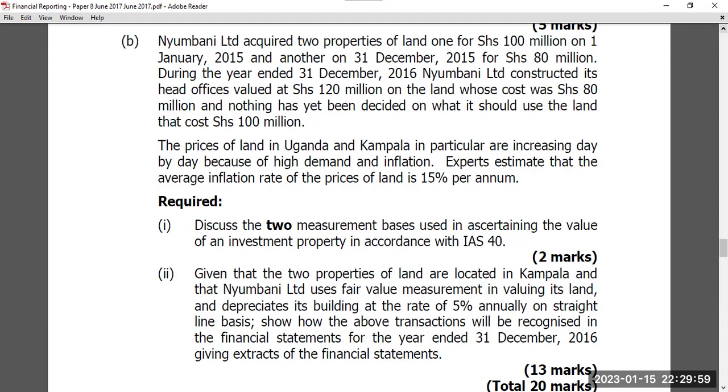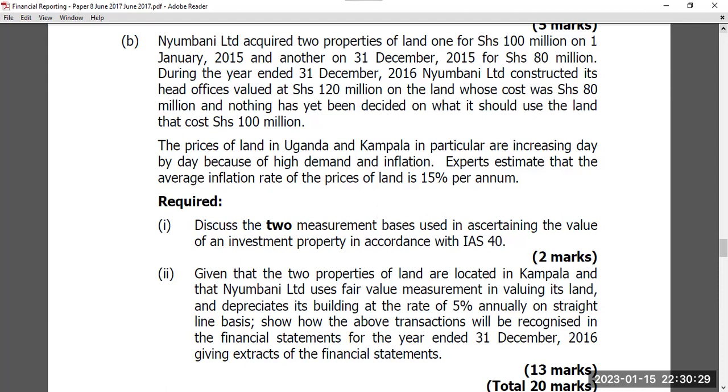But we have to understand that under IAS 16 PPE, because we have agreed that the other land that was costing 80 million and the building are going to be accounted for under IAS 16 PPE. So we have to know what the measurement bases are in IAS 16, property, plant and equipment.